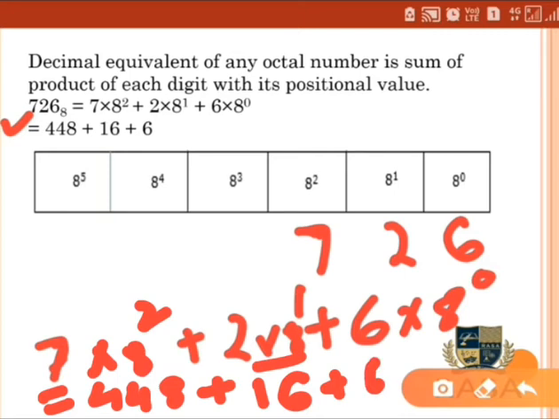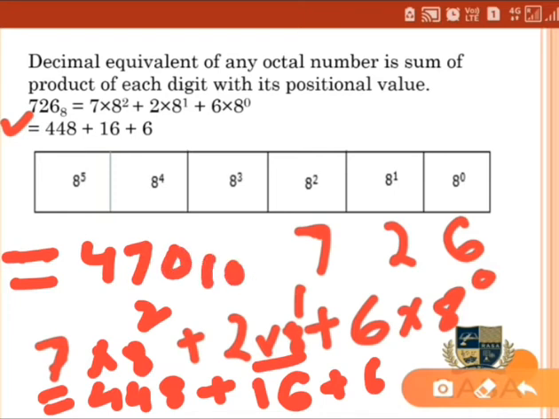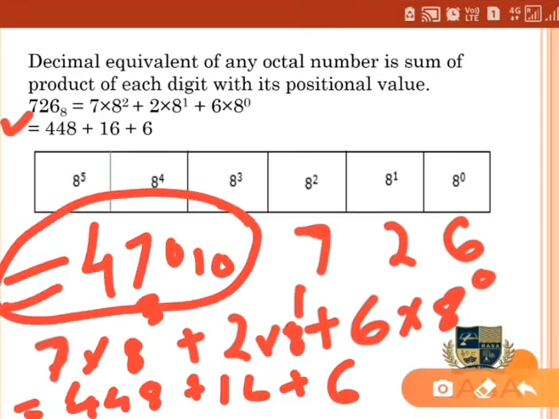And the total of this answer is 470 and base is 10. So we have converted the 726 base 8 octal number into the decimal number, which is 470 base 10.